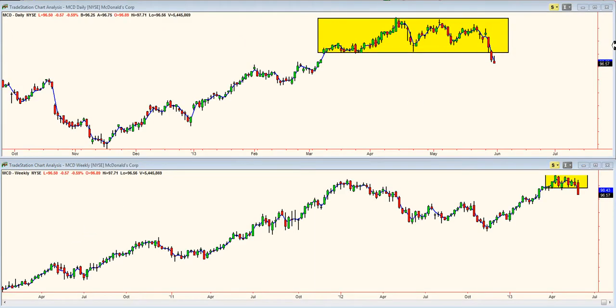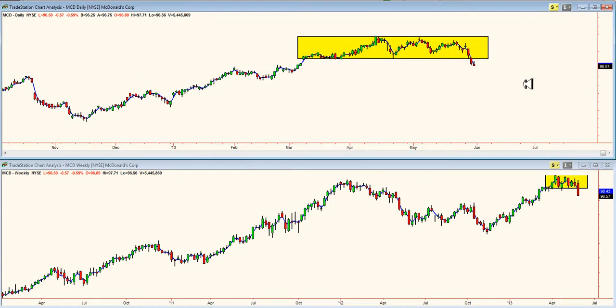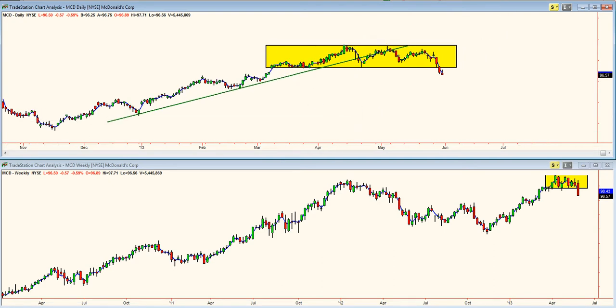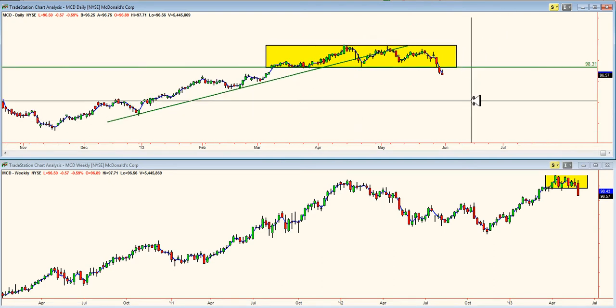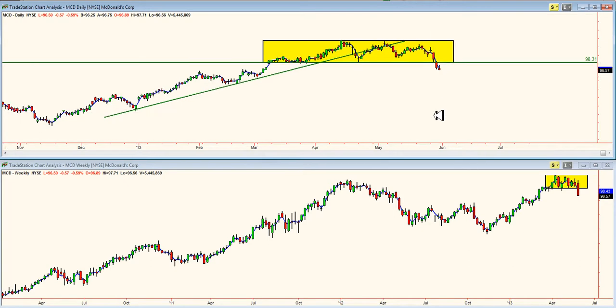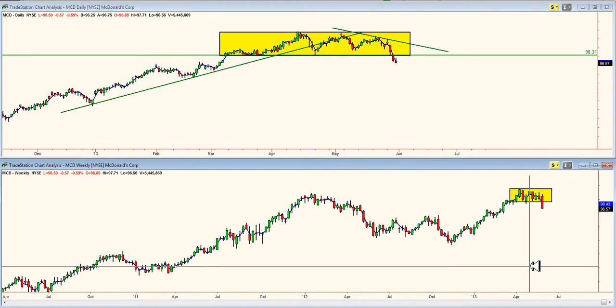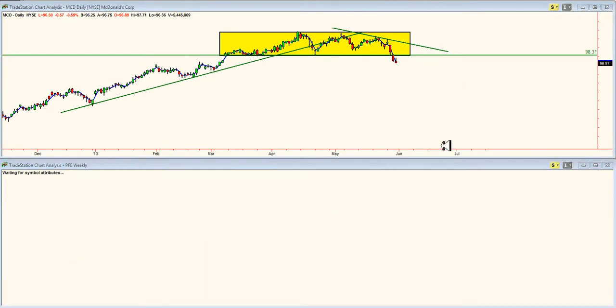McDonald's, this is one that I've actually been reviewing in the morning videos recently as a reversal trade. Broken up trend line, long consolidation, a break of the support line, a lower high within that box, a reversal of trend.